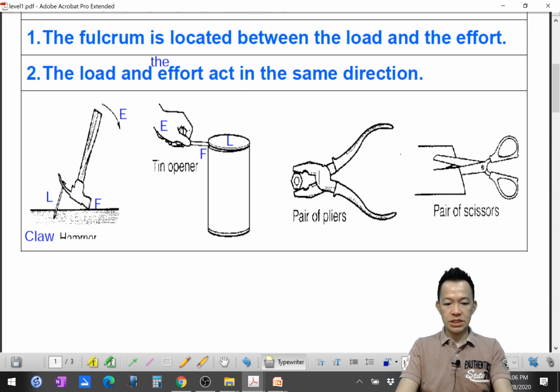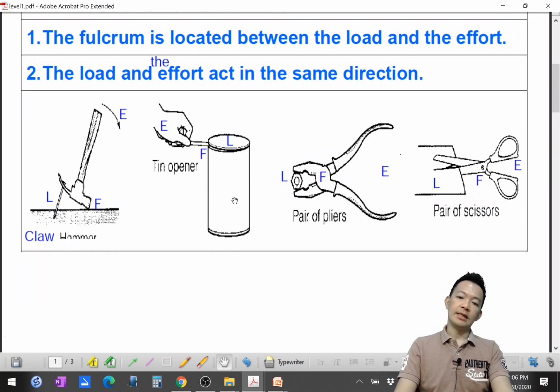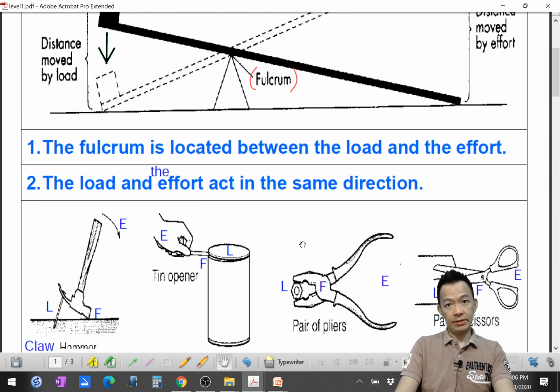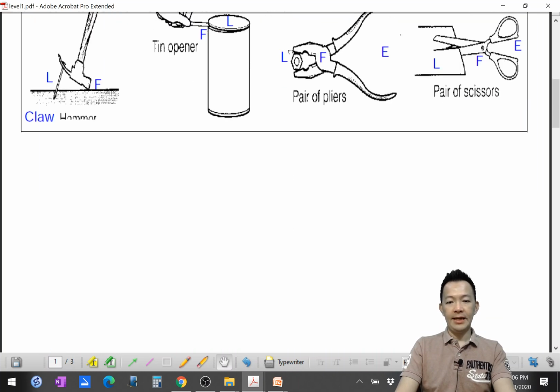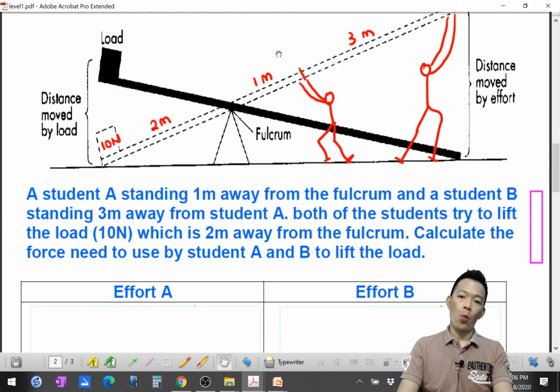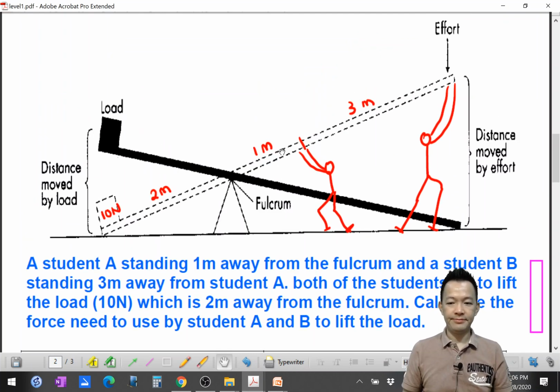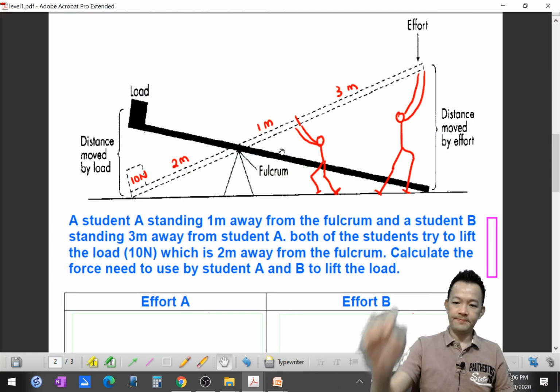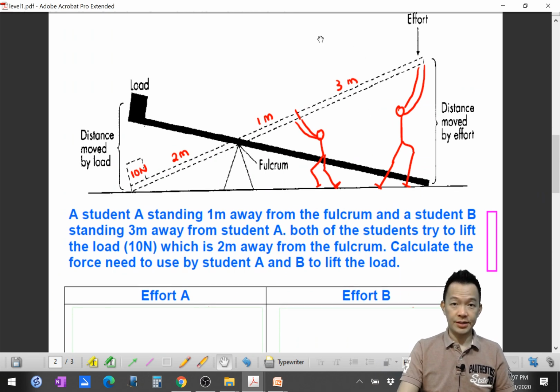For the pliers, the supporting point is here, F. You want to move the nut, your load 你要做的功永远都叫重点, and your hand is the effort. For the scissors, the paper you want to cut is the load, and your hand is the effort. So this is your mark in the exam, first class lever.